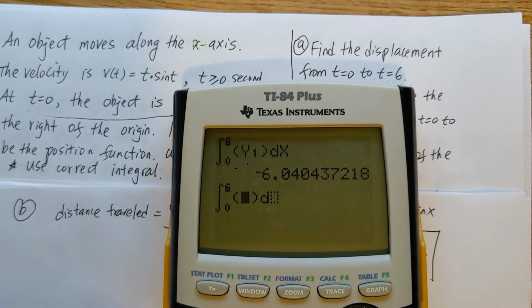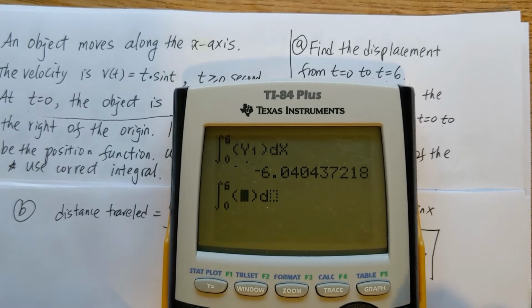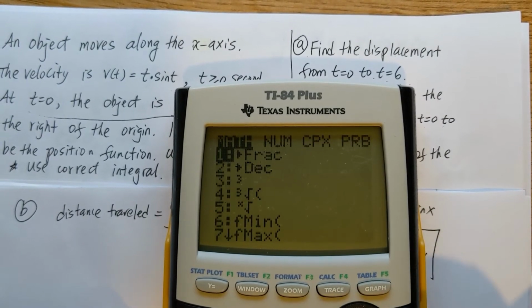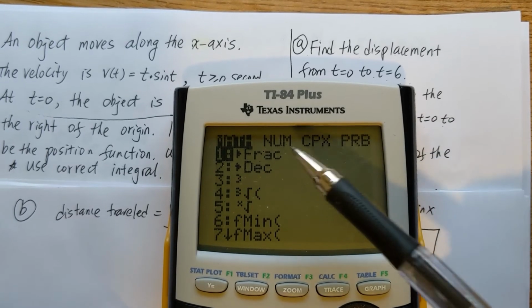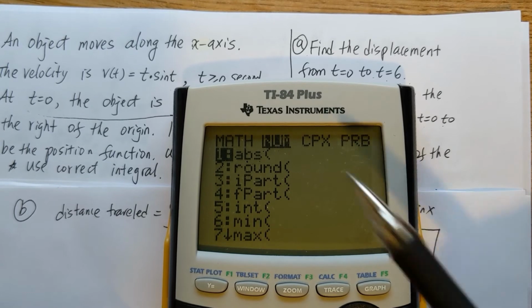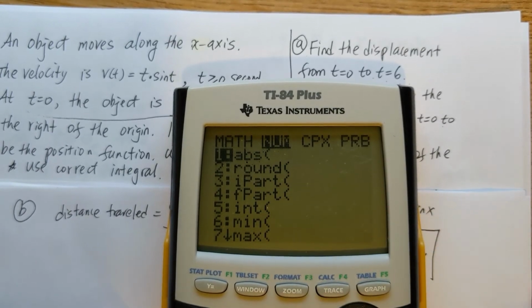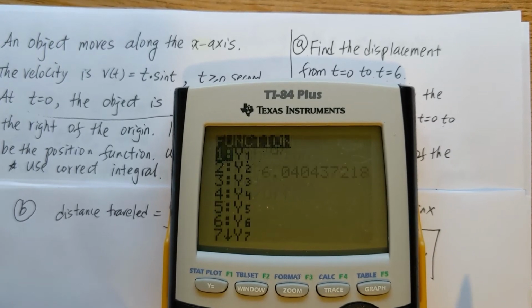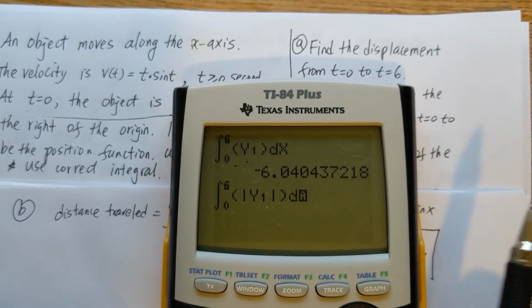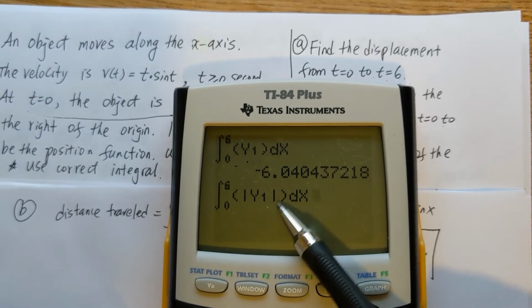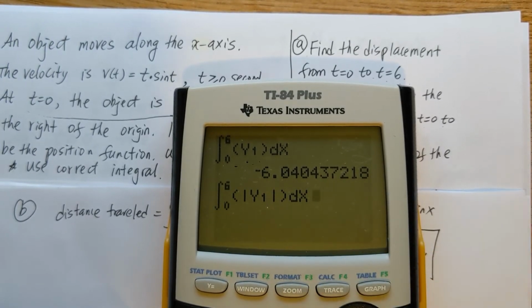And then we are going to find the absolute value. So we're going to get map again, and then absolute value will be underneath the num. Okay, and then ABS stands for absolute value. And then we put y vars, and then dx. Now we got integral 0 to 6 absolute value of y1 dx.